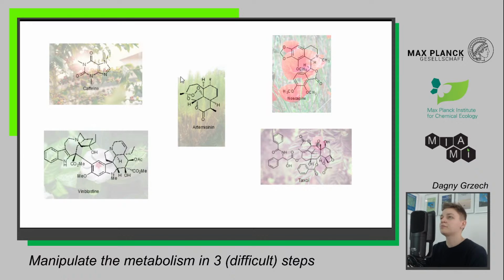And I put this here because I think this is the most well-known example of engineering of plant secondary metabolism. So basically, artemisinin is a compound that has anti-malarial properties, and its production has been engineered in the organisms Escherichia coli, a bacterium, and Saccharomyces cerevisiae, which is the baker's yeast that I was talking about earlier.